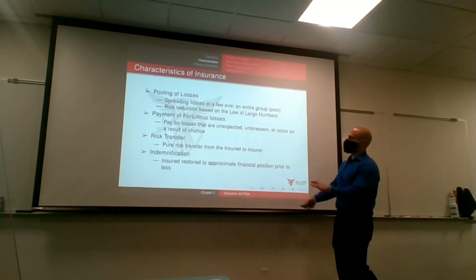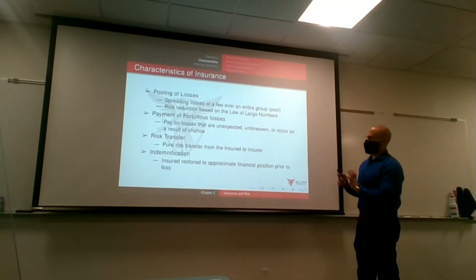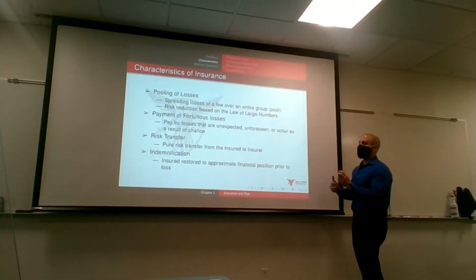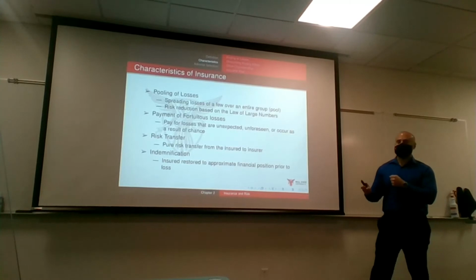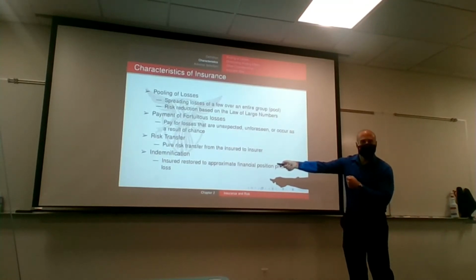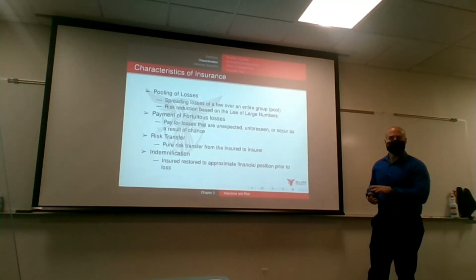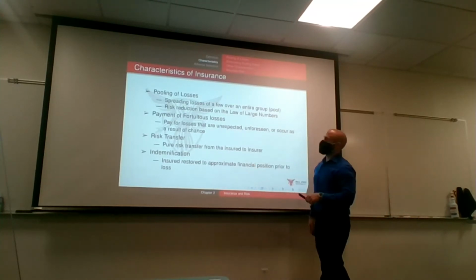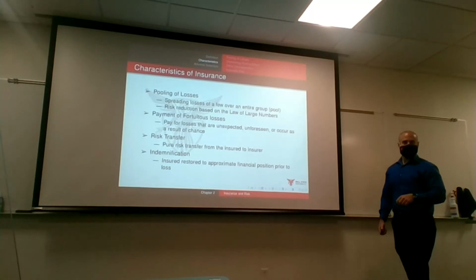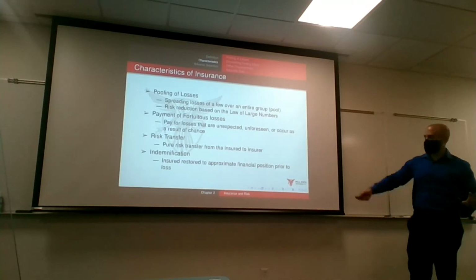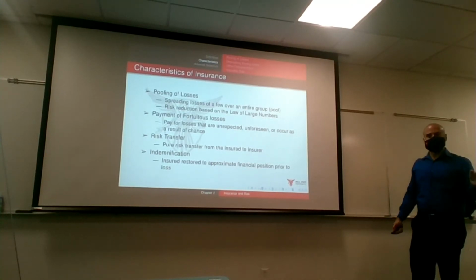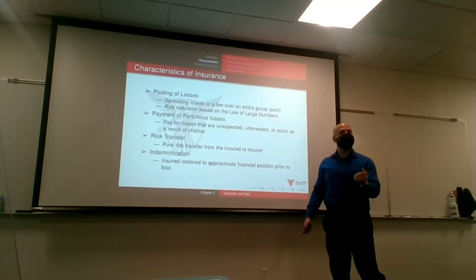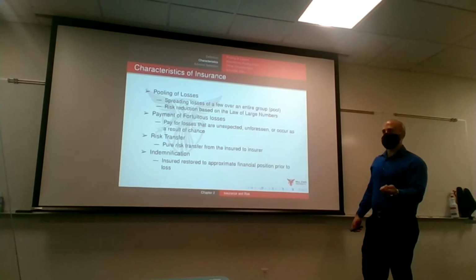And we'll spend some time talking a little more about payment of fortuitous losses, these unforeseen accidental chances, what risk transfer means, and specifically pure risk transfer. That's important. And then we'll have a brief slide on indemnification. But the bulk of today will be spent on pooling. It's an excellent practice. We can actually get some hard numbers to show what we already know theoretically. And I think that's important.